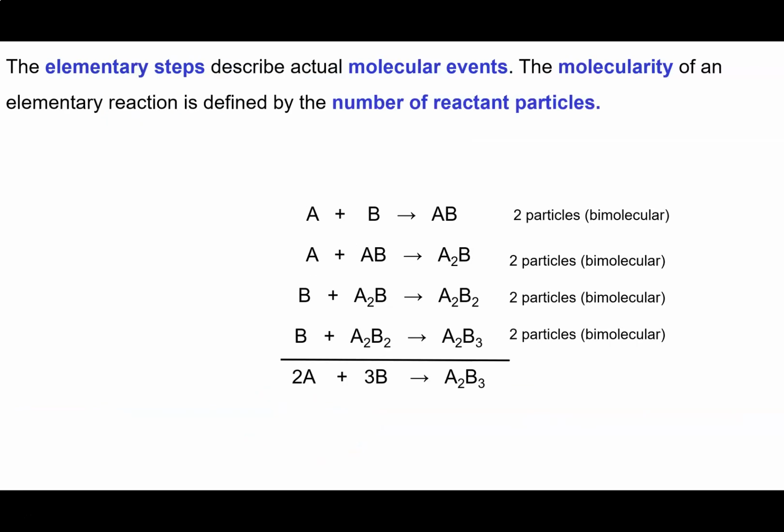Elementary steps describe actual molecular events. An important property of an elementary step is what we call the molecularity of the step, and that's just how many particles are colliding in that particular step. When we have 2 particles colliding, say an A and a B, we call that bimolecular.